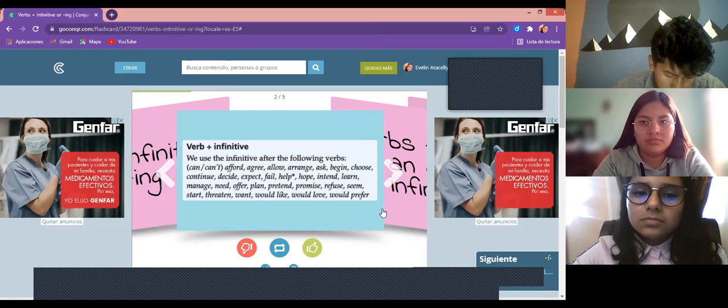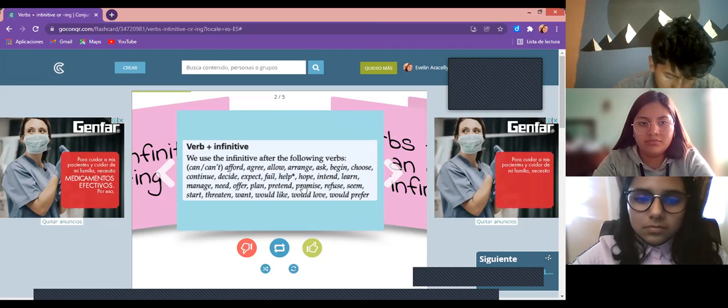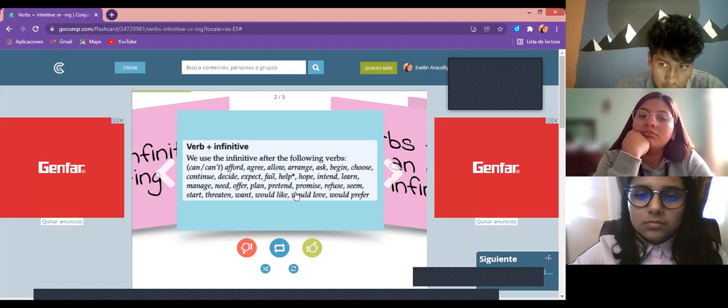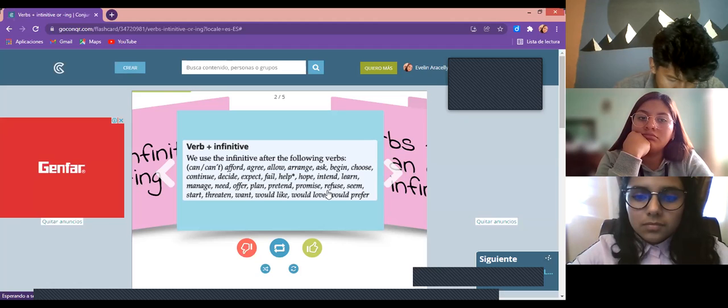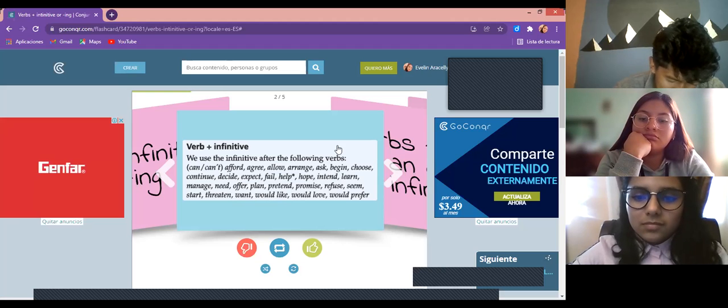We use the infinitive after the following verbs: can and can't, afford, agree, allow, arrange, ask, begin, choose, continue, decide, expect, fail, help, hope, intend, learn, manage, need, offer, plan, pretend, promise, refuse, seem, start, threaten, want, would like, would love, and would prefer.